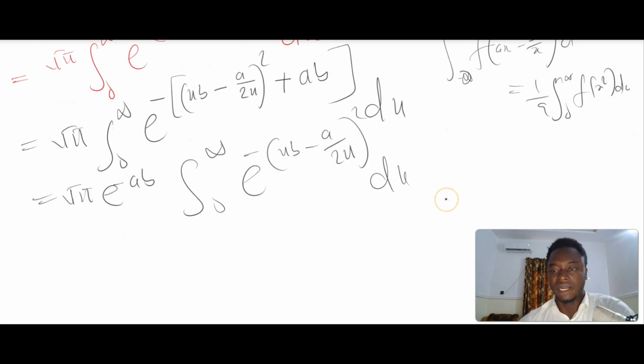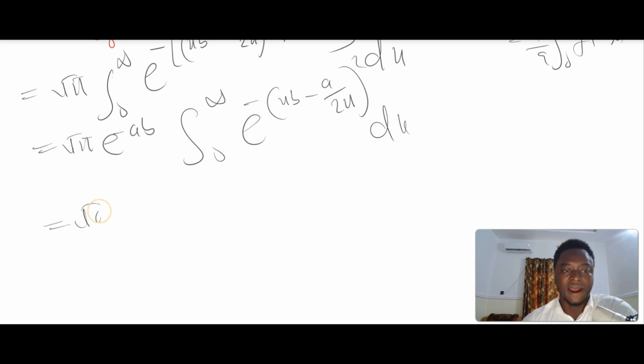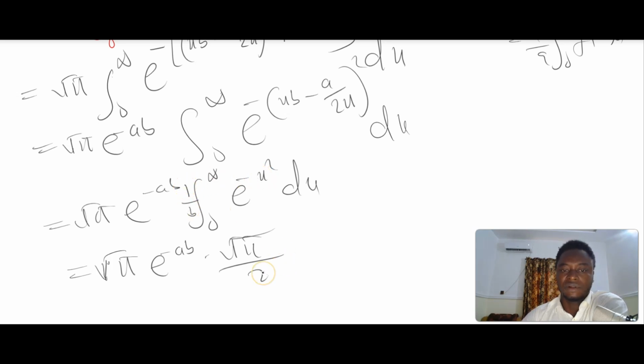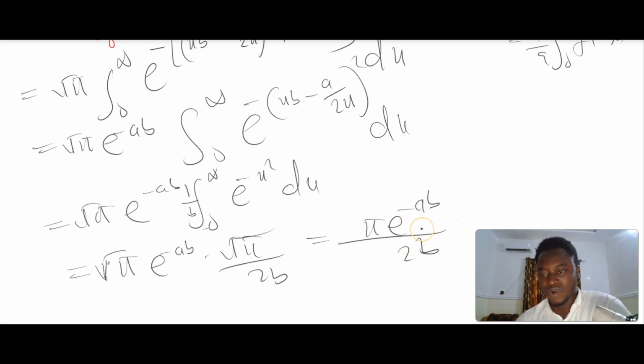So if we use that theorem, this will be square root of pi e to the negative ab times the integral from 0 to infinity of e to the negative u squared du, and this is square root of pi e to the negative ab times square root of pi over 2, divided by b. This is a Gaussian integral, so this will be pi e to the negative ab all divided by 2b, which is what we wanted to prove.